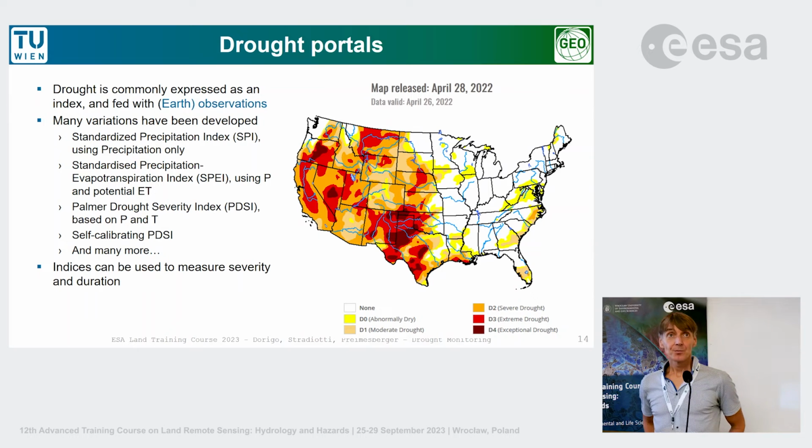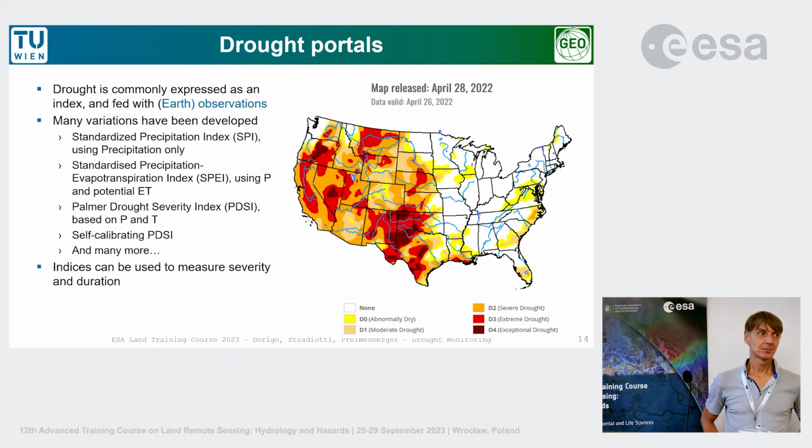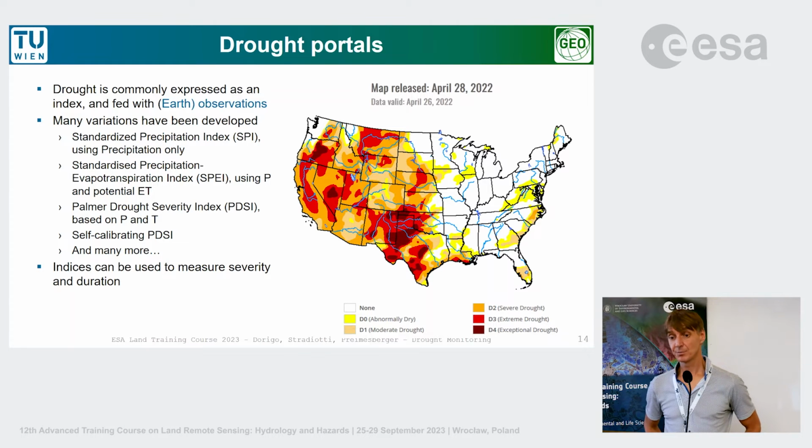So how do we get access to drought information? There are various portals. For example, this is the US drought portal.